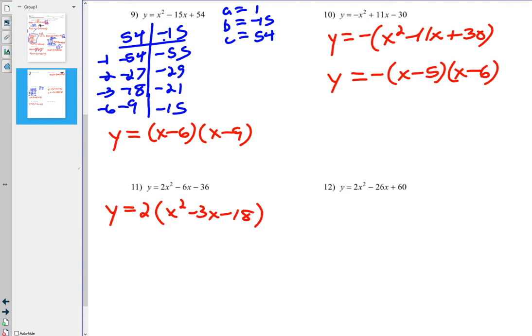So now I just have to think of two numbers that multiply to give me negative 18 and add up to negative 3. Negative 6 and positive 3. So y equals 2, x minus 6, x plus 3.